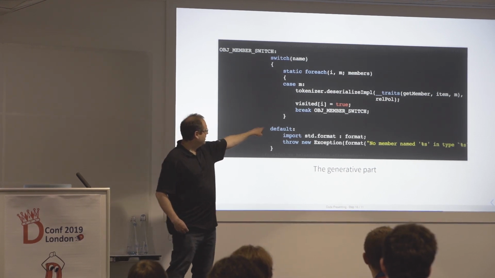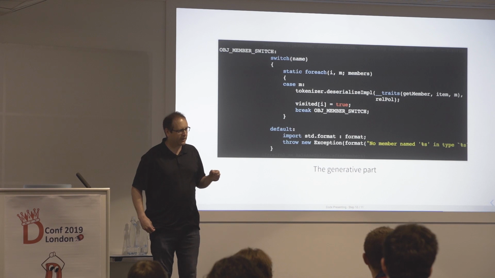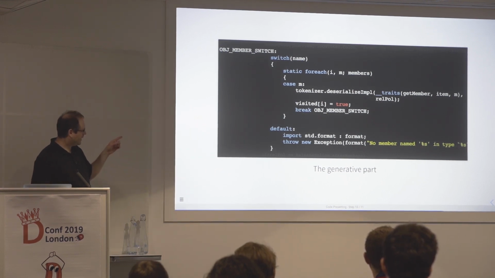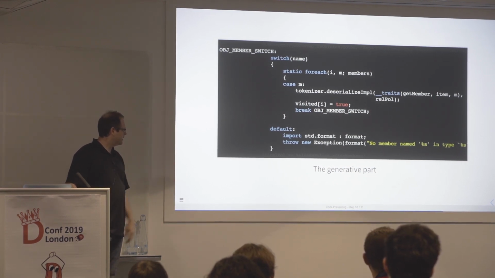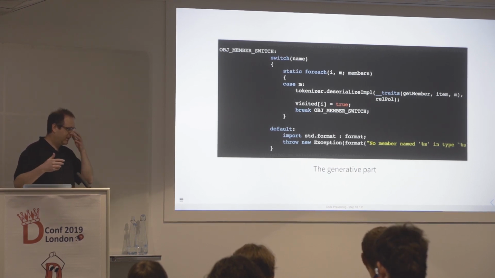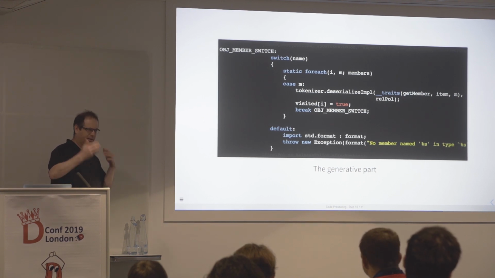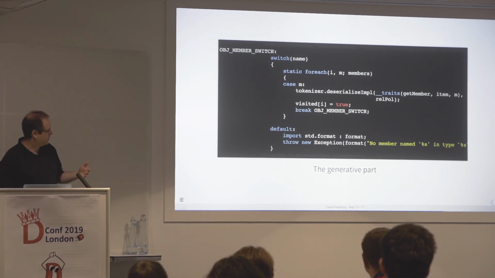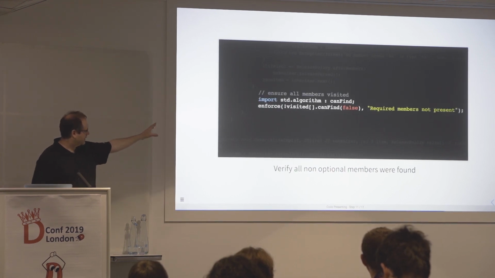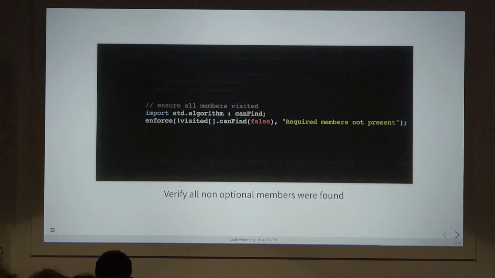Now we kind of need that label there, because if you don't have that label, static foreach complains. And then if it gets a name that's not in the struct, you throw an exception. So this is what I'm saying, it gives you really good error processing as well, or it doesn't compile because everything has to be very similar. Finally, we check the visited to see if there's any false.